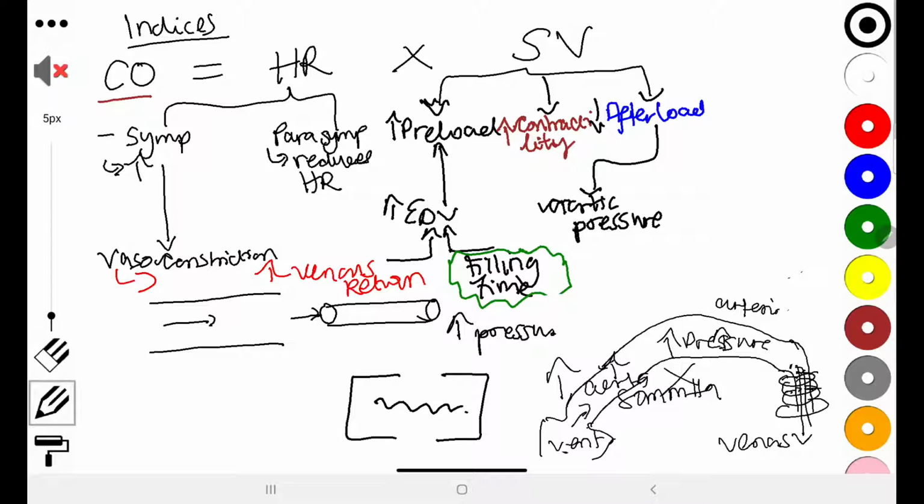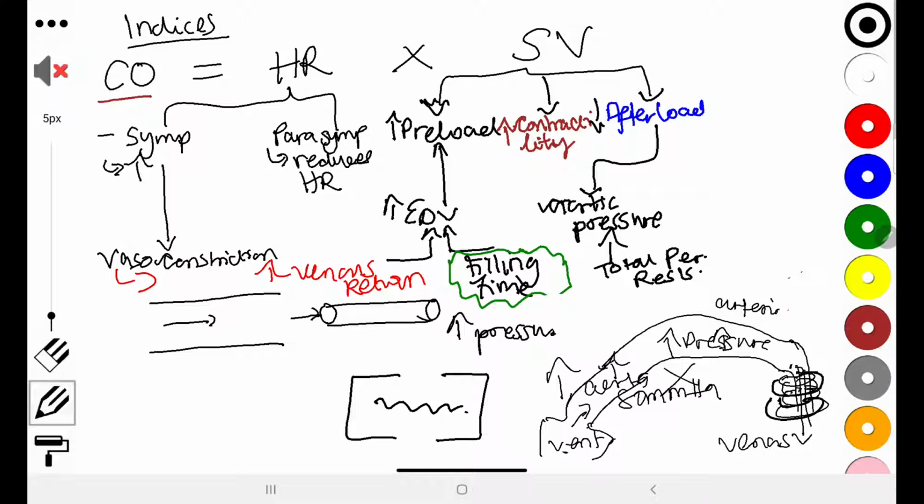So why does aortic pressure increase? We're talking about it being affected by total peripheral resistance. And why does total peripheral resistance come in? Because of this constriction that we talked about here.